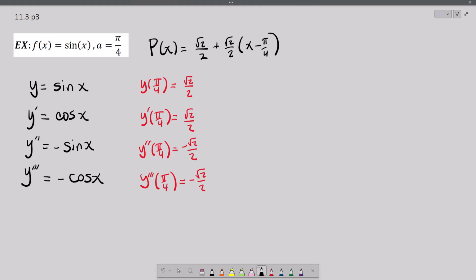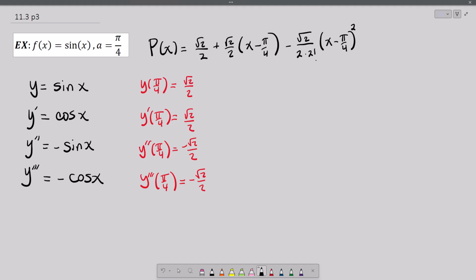Now we're going to go to the best quadratic approximation, aka p sub 2. We have negative root 2 over 2, but then we have to multiply in the denominator by 2 factorial, or just 2 if you want. And that's going to be x minus pi divided by 4 to the 2. So that's the best quadratic approximation to the function, the best fitting parabola.